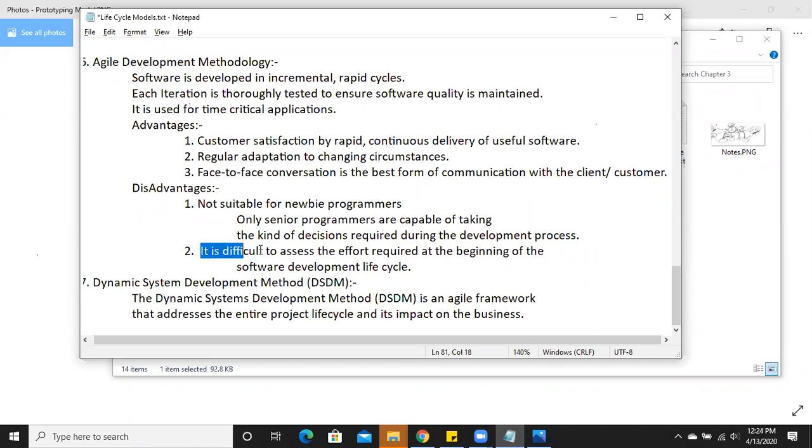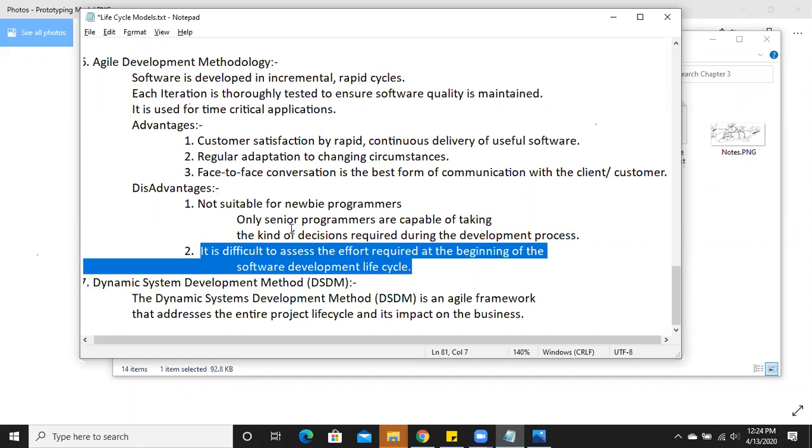It is very difficult to provide motivation to the employees of that particular organization that they are following the agile development methodology and have to follow all these steps iteratively. So it is very difficult to assess the effort required at the beginning of the software development lifecycle. We can consider this as a disadvantage.